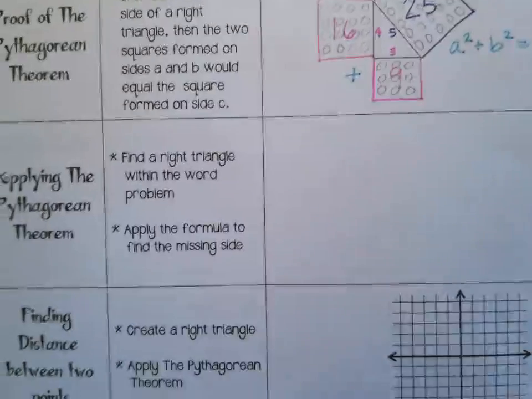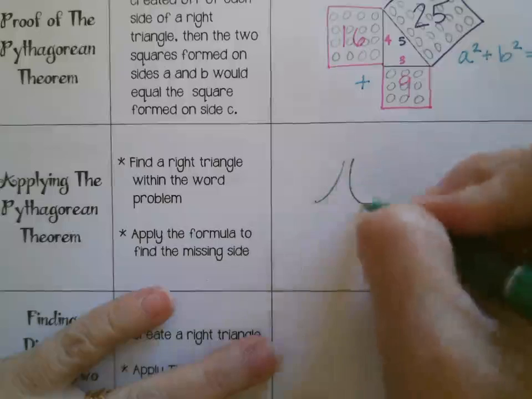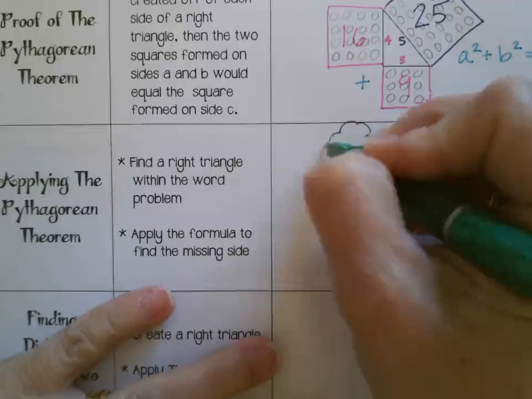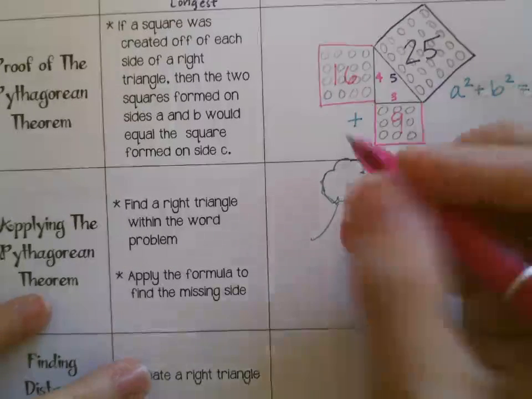All right, next up. Finding a right triangle within a word problem is how we apply Pythagorean theorem. So let's just say that there is a tree and we have a little cat up in the tree.